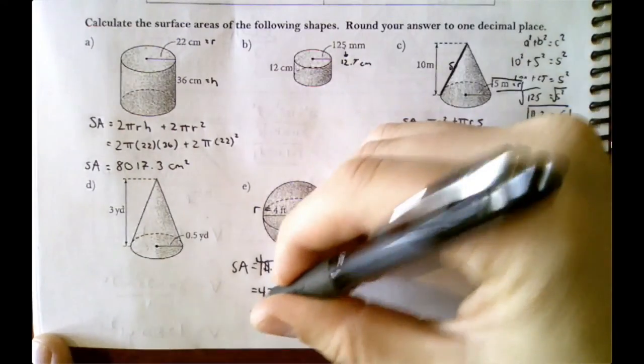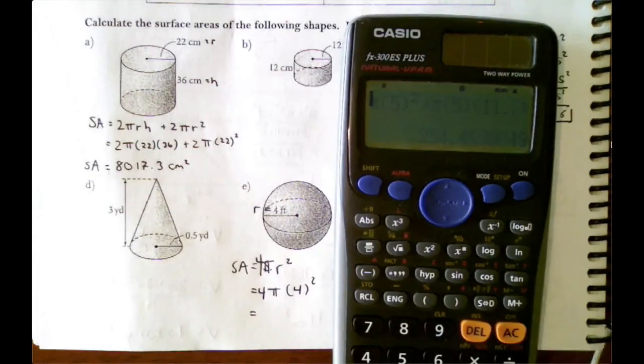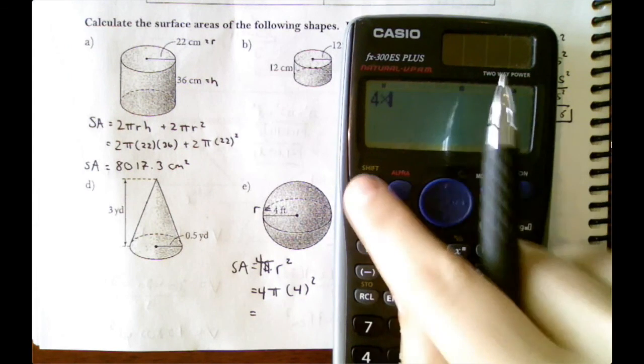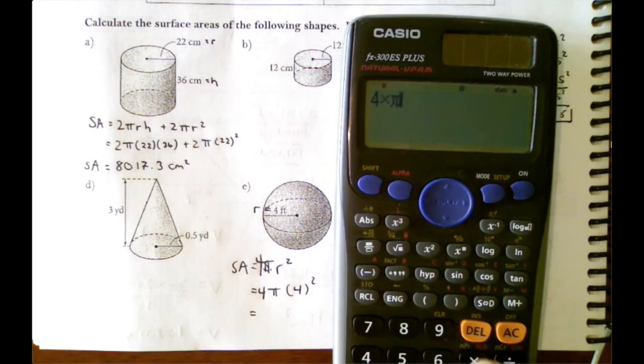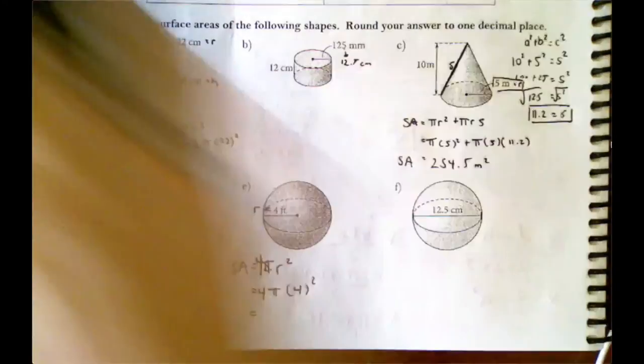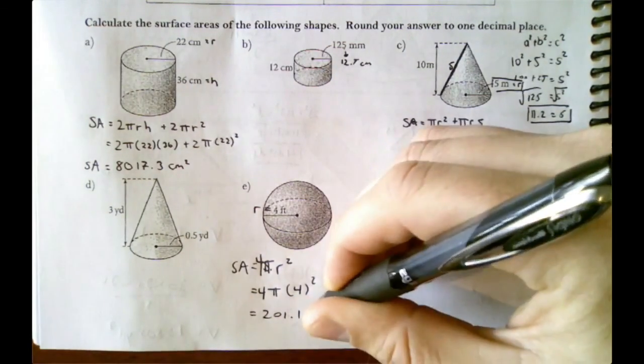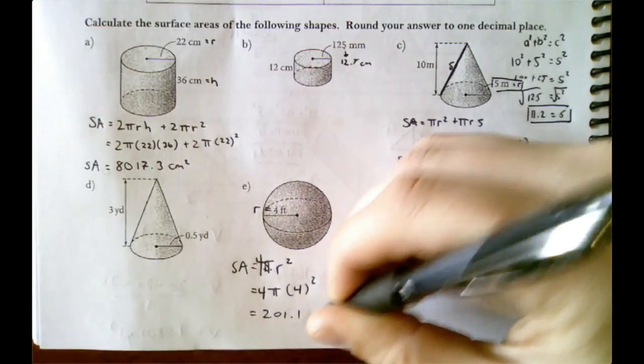So it's 4 times pi times 4 squared, and we can just type that in. 4 times pi times 4 squared, and we get 201.1. And we're in feet squared.